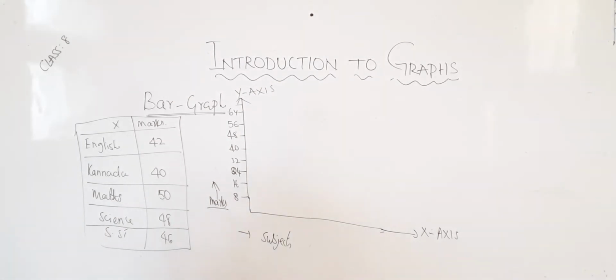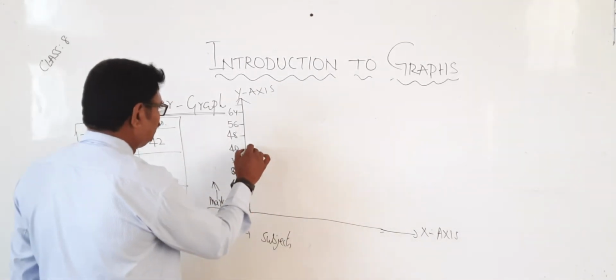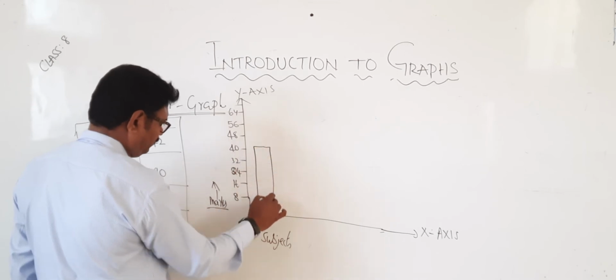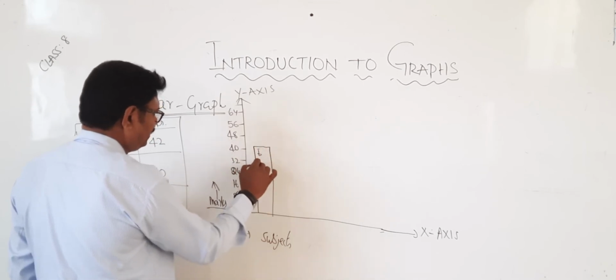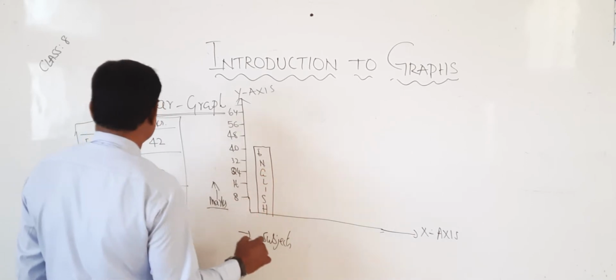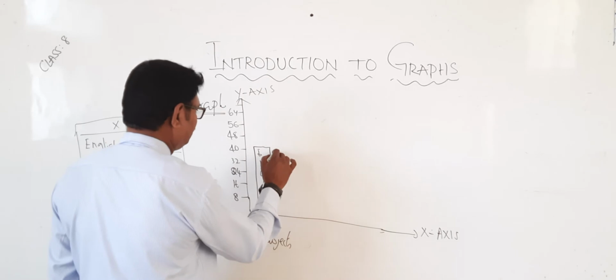First one is English. How many did English score? 42. 42 means approximately like this. English. Next one is Kannada.